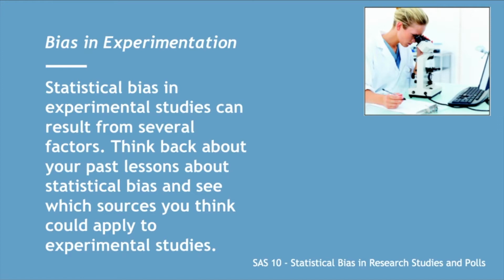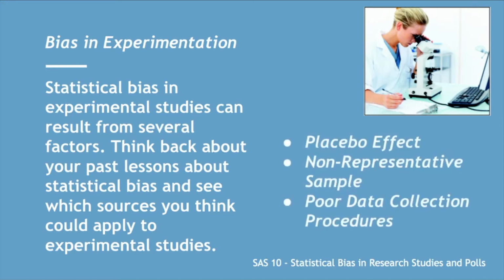It's got inactive ingredients, and they believe that they want to get better, so they believe it's actually helping them. So those are some ways: placebo effect, a non-representative sample, and poor data collection procedures. See what I mean? Those are the kind of things that create bias in experimentation.